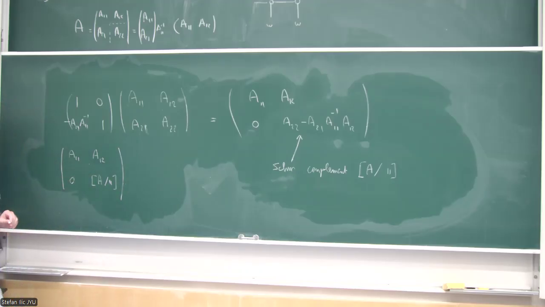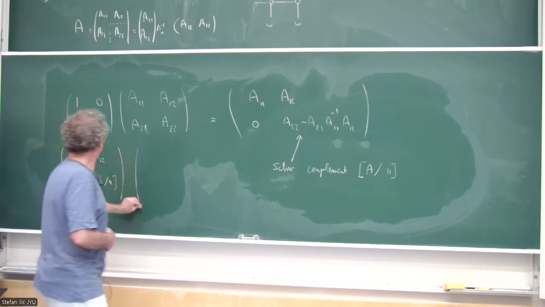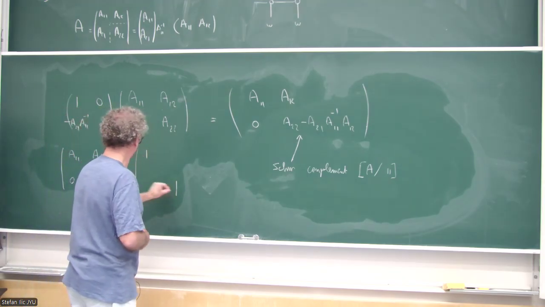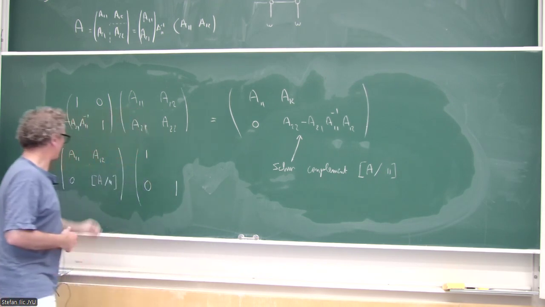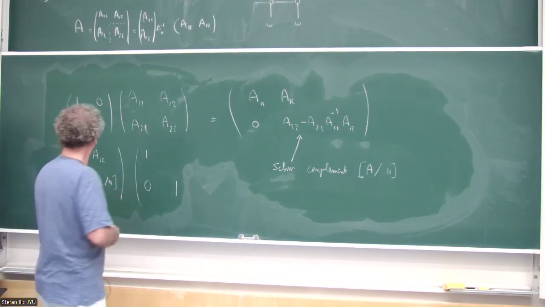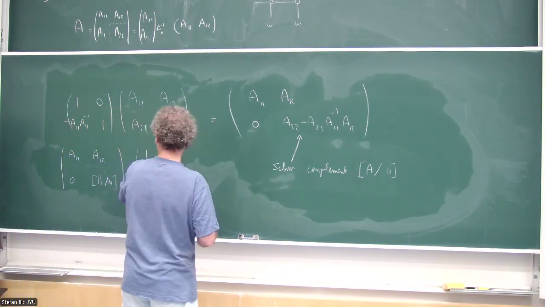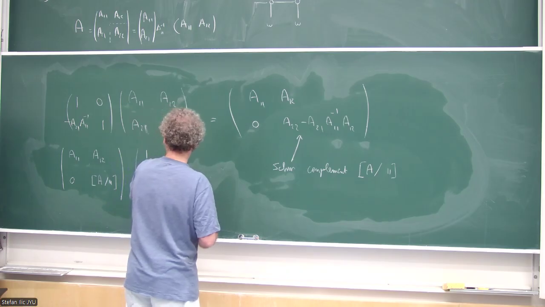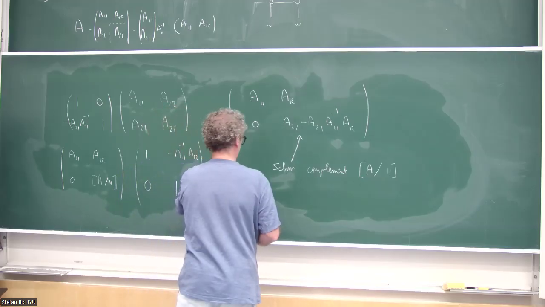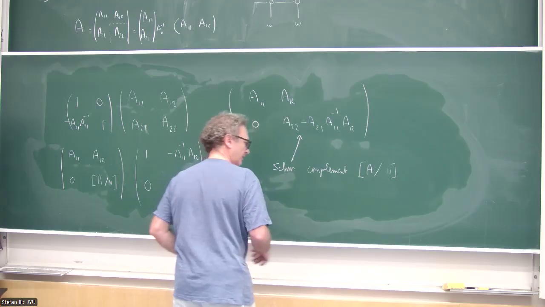Anyway, I have this matrix now, and I want to do the same thing on the other side to get rid of A12. So now I want to do nothing on the first row. On the second one, I'm going to have A11 inverse A12 with a minus.